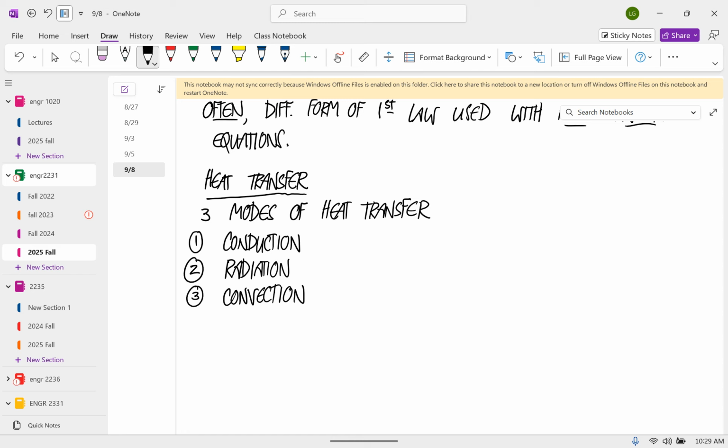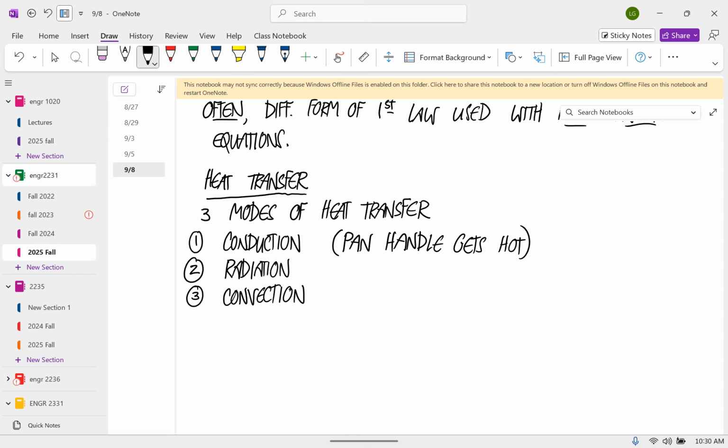Conduction, an example of that is a pan handle getting hot. So when you put a pan on the stove, you don't have the handle directly over the flame of the stove.